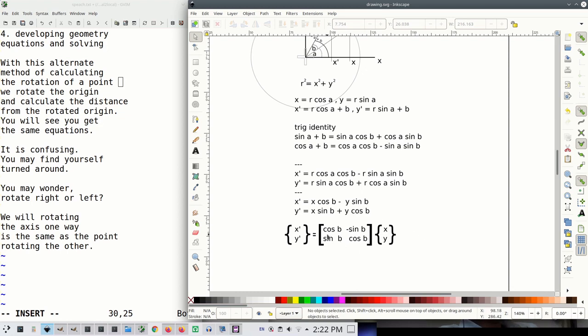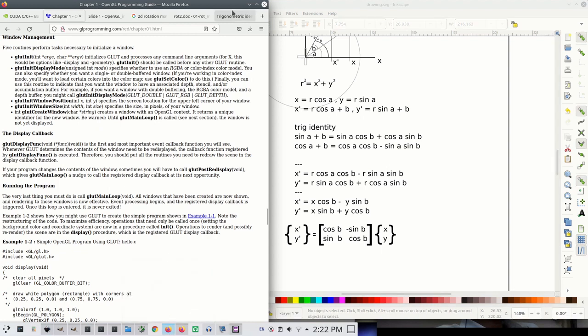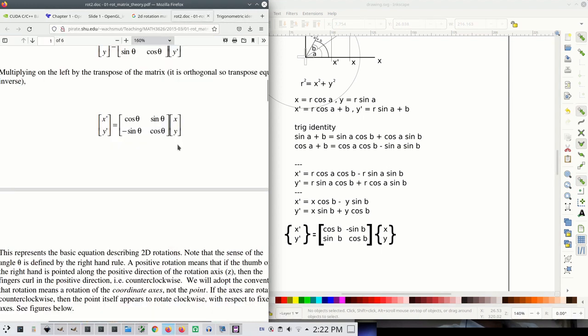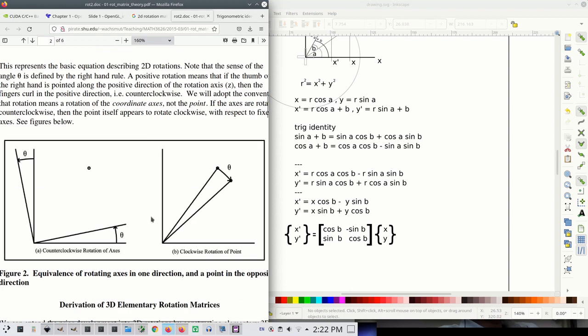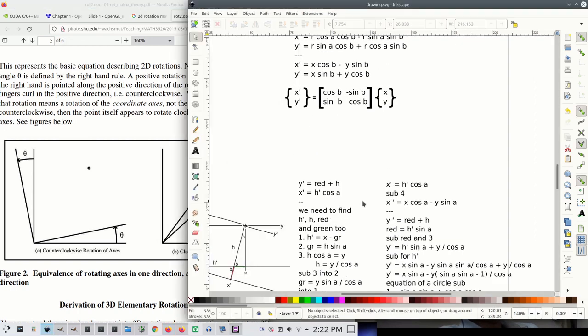Although on this link, they drew it the other way because they were using a different convention. Their matrix rotates in the clockwise direction, and here we want to rotate in the counterclockwise direction.